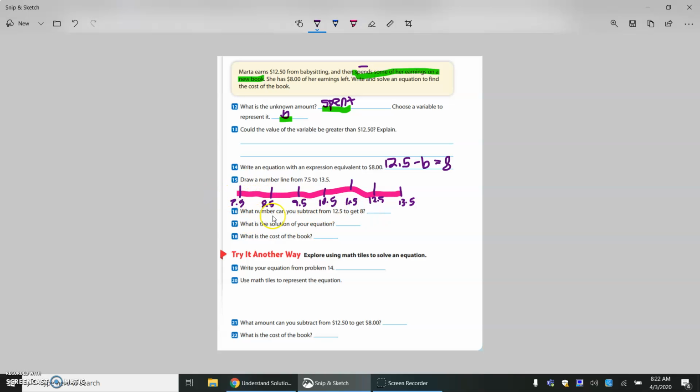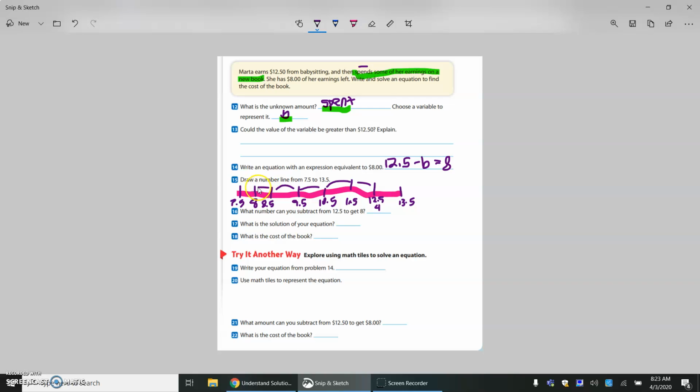Okay, so what number can you subtract from 12.5 to get 8? So we count backwards. So this is 1, 2, 3, 4. And this is only at a half, so if I wanted to put 8 here, right, so this would be 1, 2, 3, 4, and this is a half.